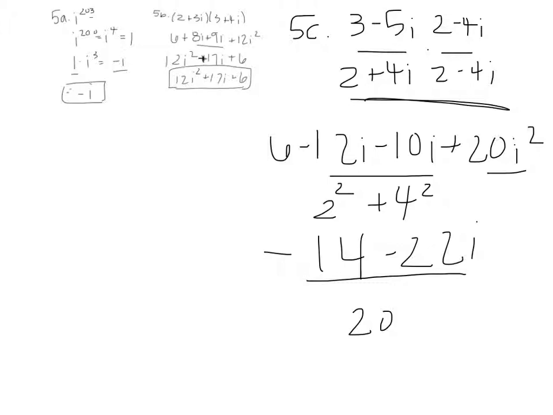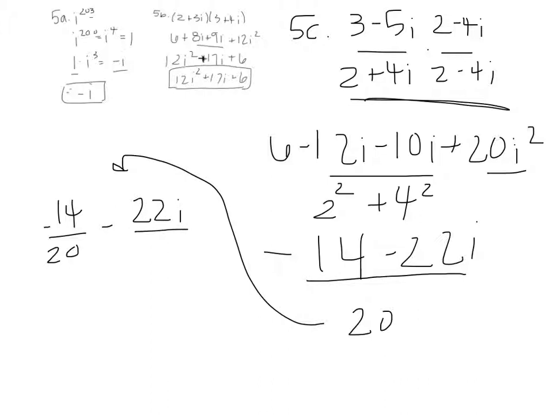From here, we have to break it down a little bit. We would get negative 14 over 20, because we're going to break it up, minus 22i over 20. And from here, we're just going to simplify and reduce our fractions. Get negative 7 tenths minus 11i over 10.